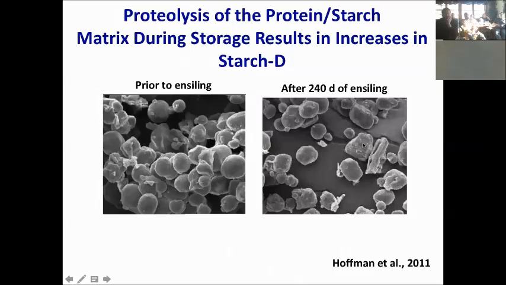Hoffman actually physically showed this, with scanning electron micrographs of corn starch particles prior to ensiling, with a lot more protein matrix here, and then with less protein matrix here. Maybe not that clear there.